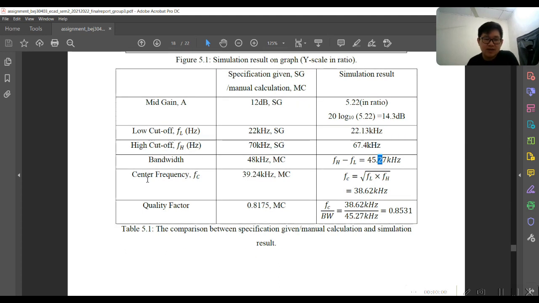Regarding the center frequency, we get 38.72 kHz, and the manual calculation is 39.24 kHz. And lastly, our quality factor is 0.8175, and in the simulation result we get 0.8531.